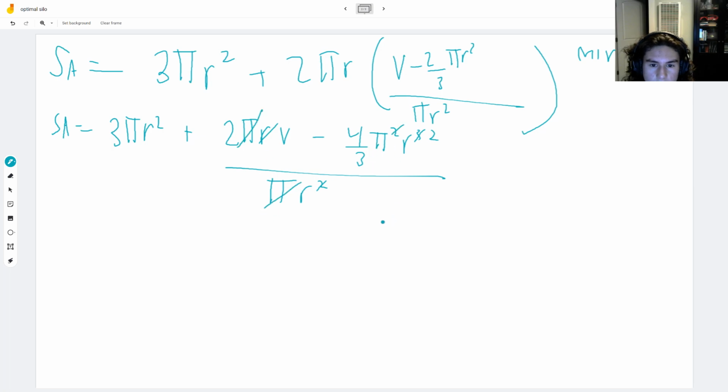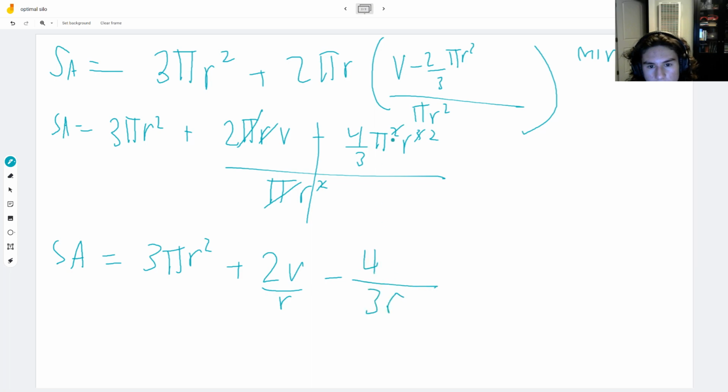Get rid of the 2 on that pi. And yeah, so I'm going to just simplify this once more. Saying surface area equals 3 pi r squared plus, I'm going to separate this into two fractions, 2v over r plus, that's a minus, 4 over 3r, and then we still have 1 pi and 1 r squared.